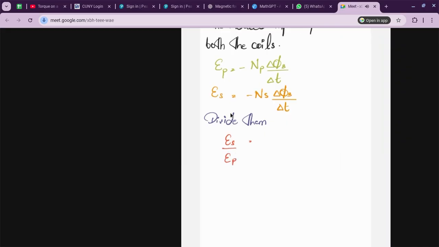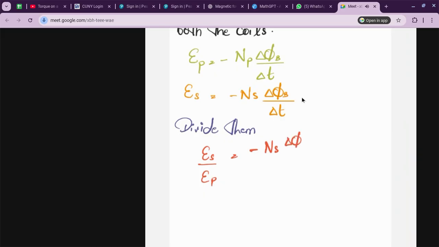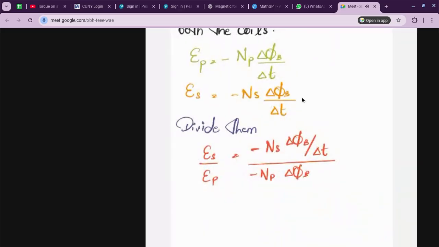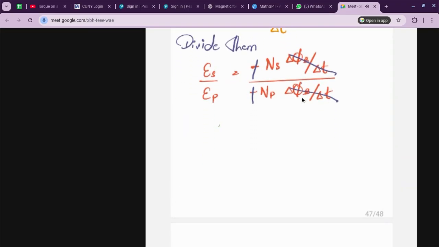ES over EP is equal to negative NS delta phi B upon delta T, and negative NP delta phi B over delta T. So negative cancels by negative, delta phi B over delta T cancels. So the formula we got is this: ES over EP is equal to NS over NP.